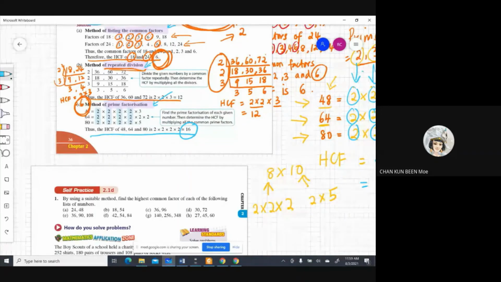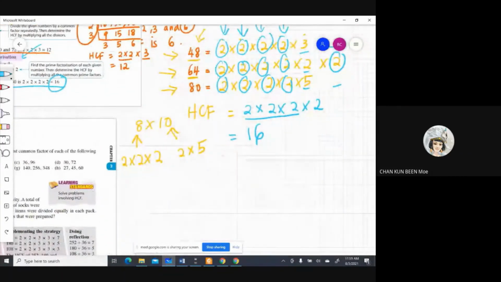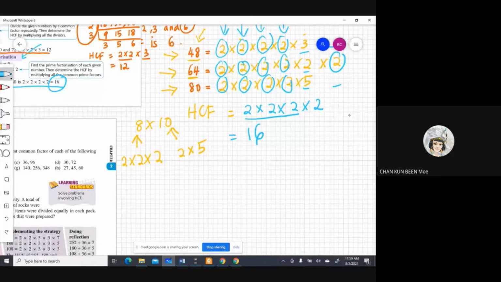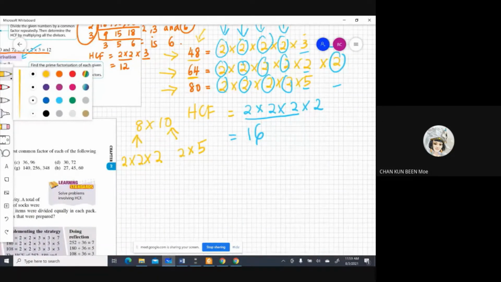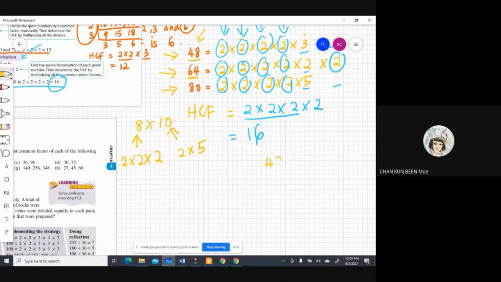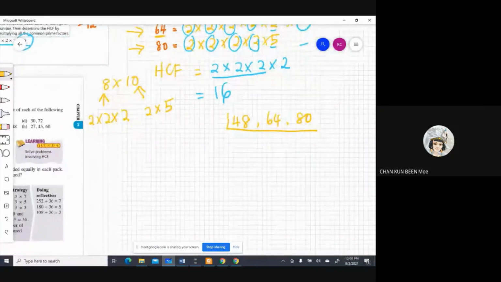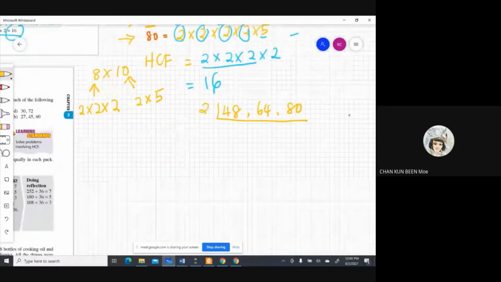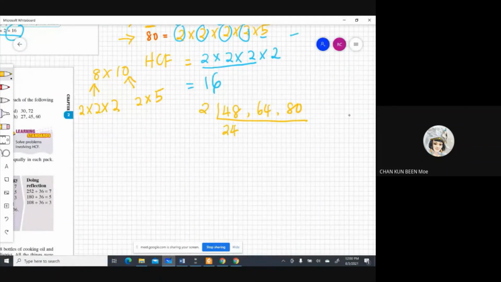Same thing, you can also check with the repeated division method. Just now I showed you the repeated division method again, in case you don't understand what it means. 48, 64, 80. Use the repeated division, which means you also have to start with the smallest prime number. 2 times 24, 2 times 32, 2 times 40. Then 2 again: 2 times 12, 2 times 16, 2 times 20.